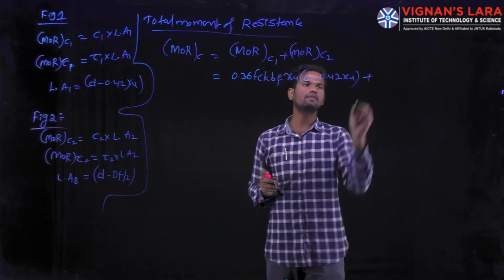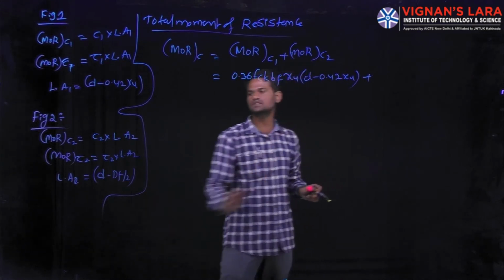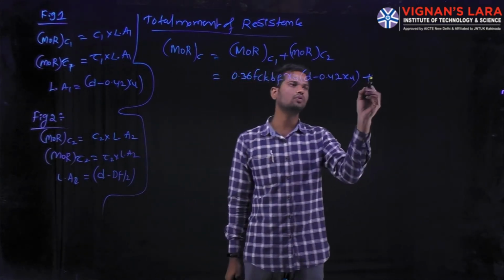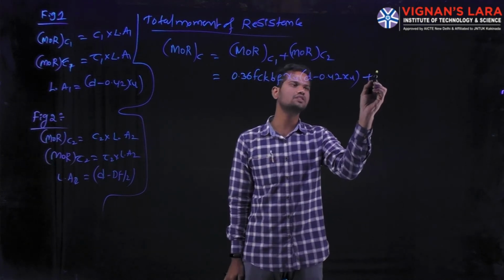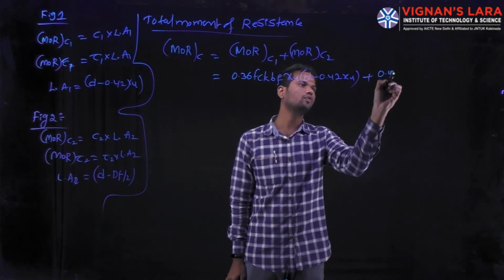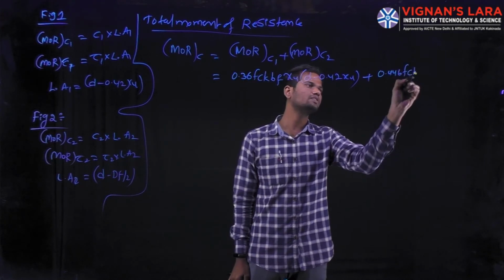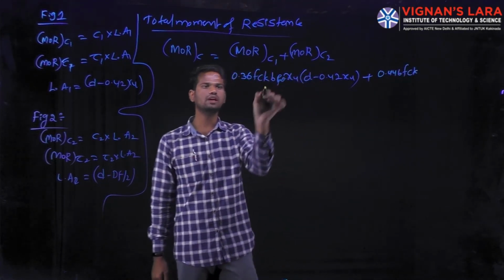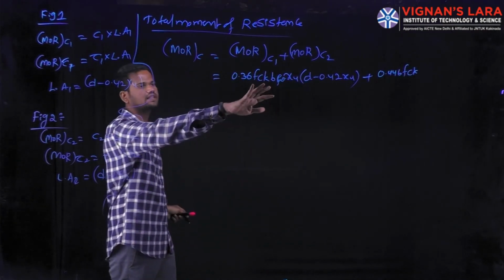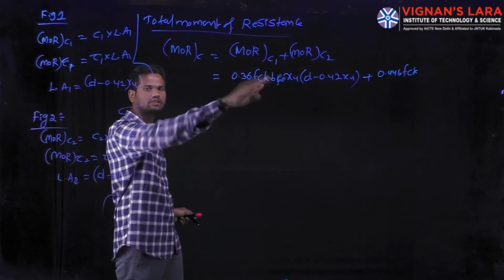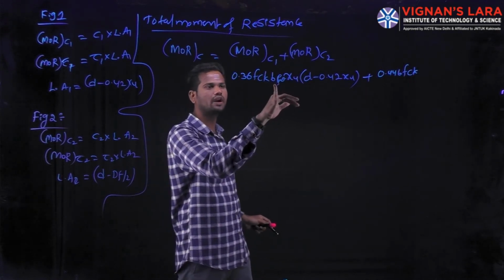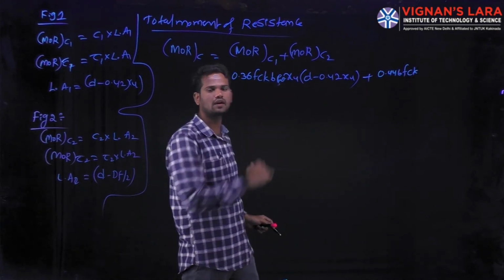Next we have the moment of resistance for the compressive force of the beam C2, that is, the moment of resistance for compression 2, 0.446 into FCK into, sorry, here BW. We are considering that the neutral axis lies within the web portion. Within the web portion we should write the width of the web, not the width of the flange.